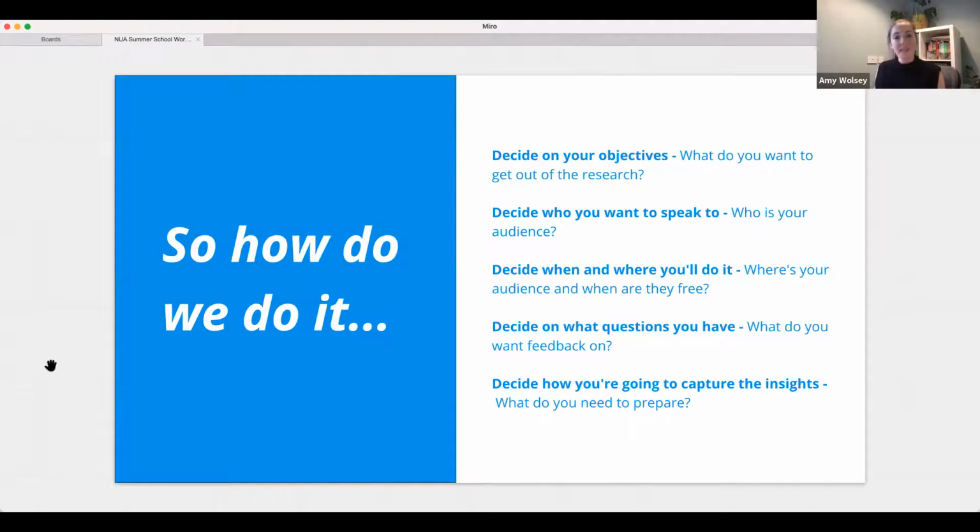The second element is who you want to talk to. It could be out in the street, total strangers, anyone, but it could also be friends and family, fellow students, lecturers or teachers. Think about what you'd like to achieve, and then think about the best people to help you get those questions answered.